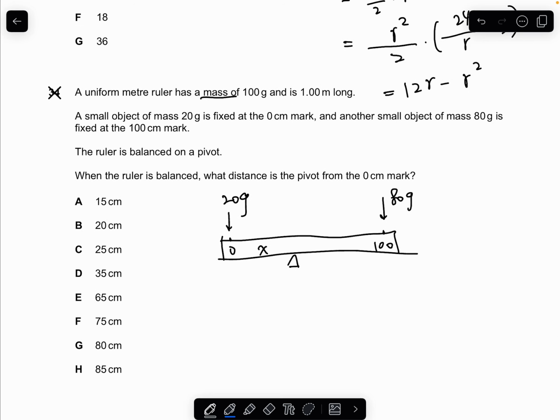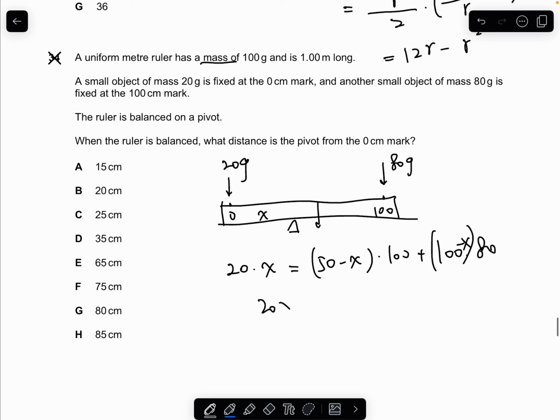So the total moment about the pivot will be 20 times x equals to the right 100 plus 100 times minus x times x. This is minus this.